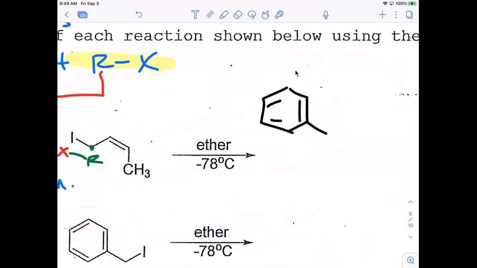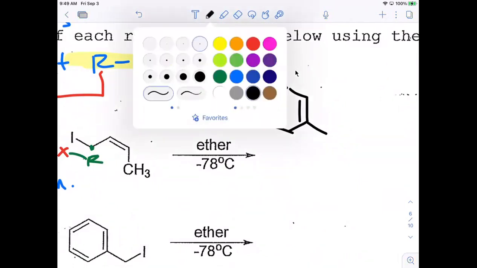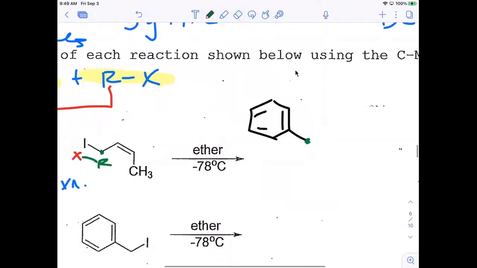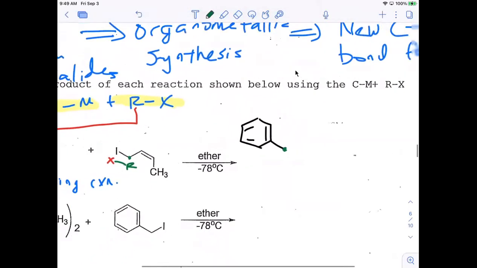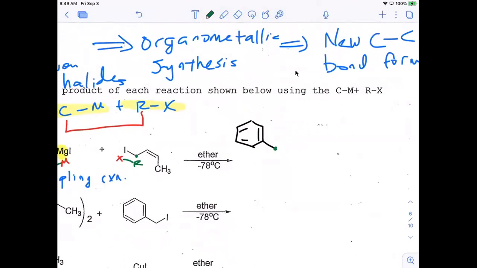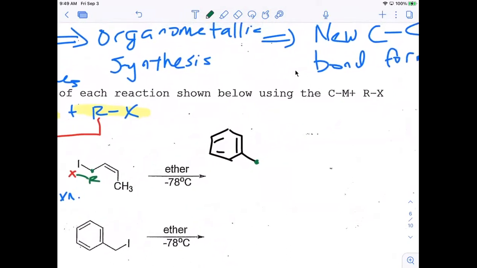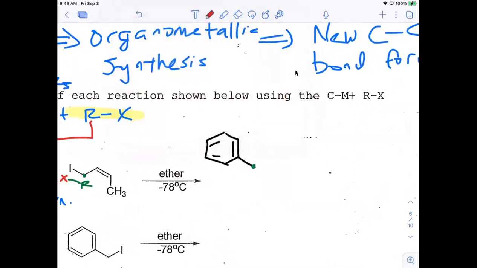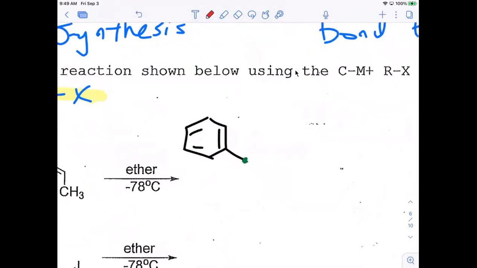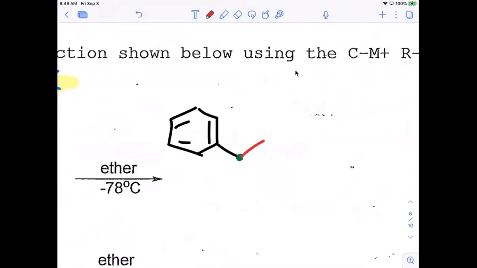So that's that, and I'm going to put that carbon back. This is a common mistake when we get to this section, to fuse the two carbons together, but we're not going to do that. All right. So that carbon is going to be bonded, I'm going to change the color so you can see the new bond, to this carbon right here.